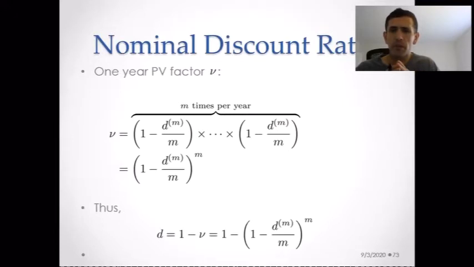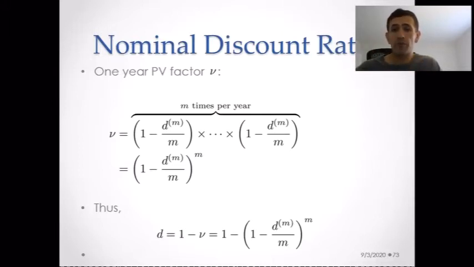Again, we know that if we're given a 1-year present value factor, nu, then the corresponding 1-year discount rate is 1 minus nu, and we have nu in terms of this nominal discount rate.